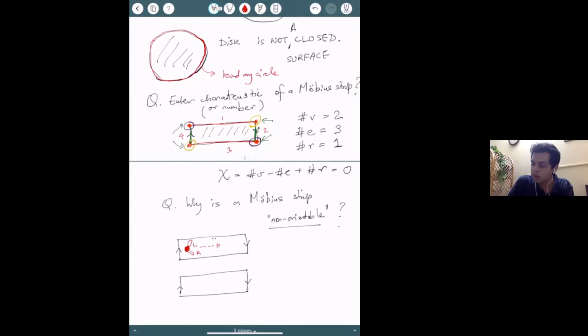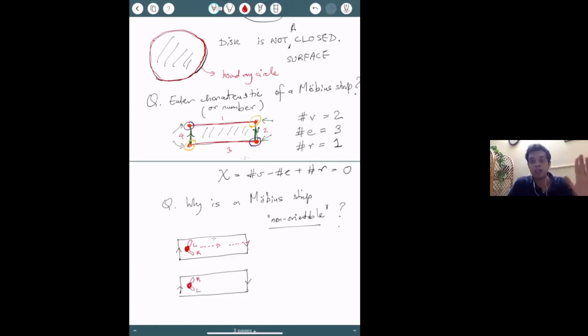What happens when you cross over and come back? This side is identified with that side with a flip. So when you come back, what you called your left hand is now here, and your right hand is now there.